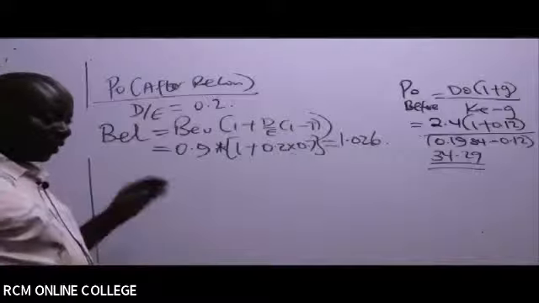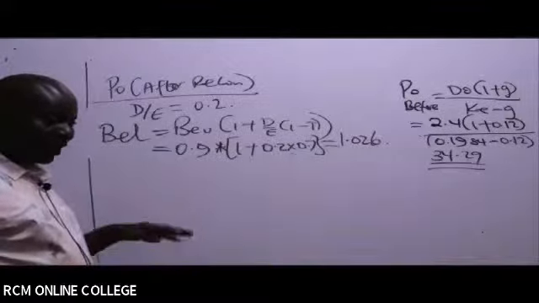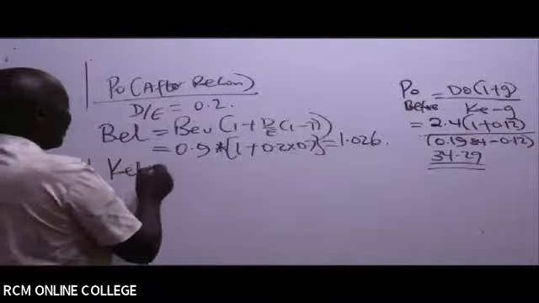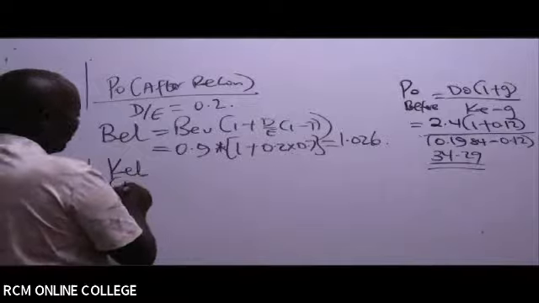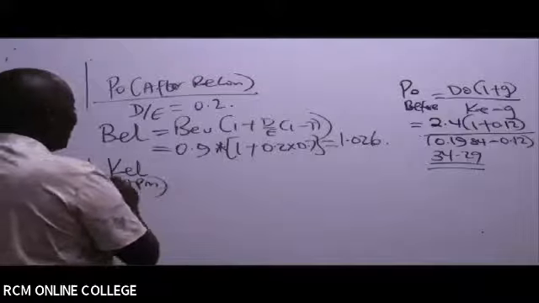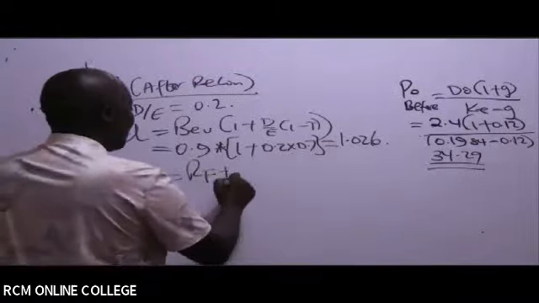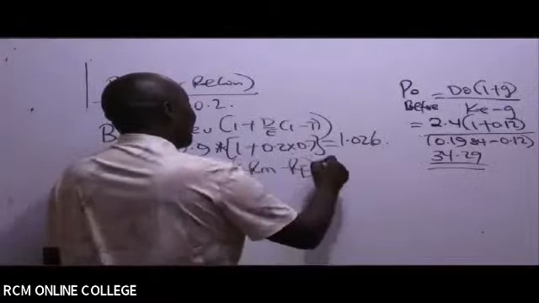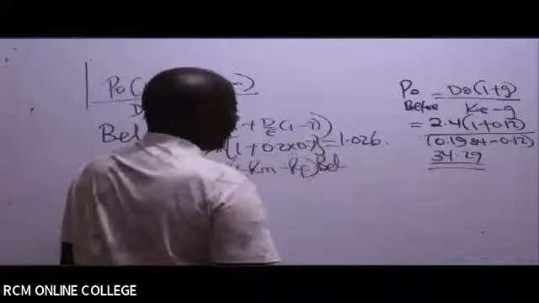So after that, now you go for the second bond. The second bond is Kel. Go for Kel. So Kel, in this case, remember we are using CAPM. So CAPM is risk-free plus ERM, into our bigger brother, Bell.